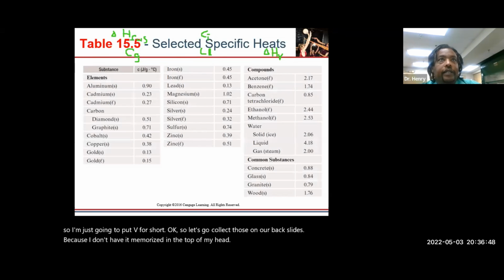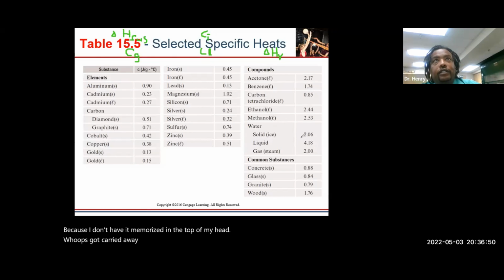Okay, so here's our C's. So that's C ice: 2.06 joules per gram Celsius.